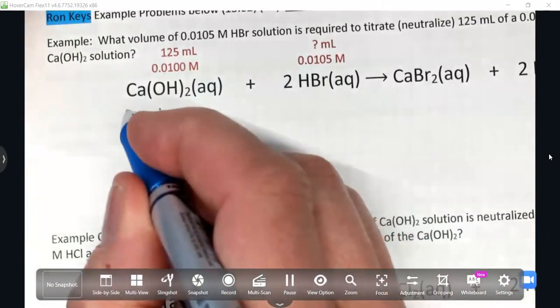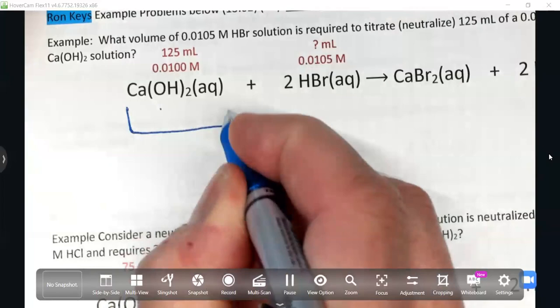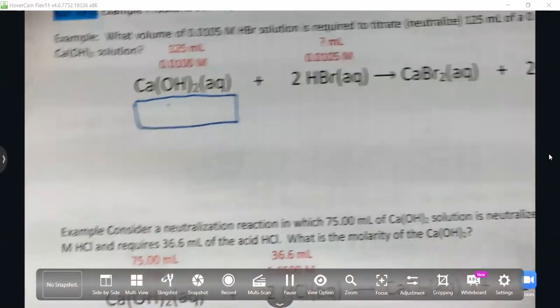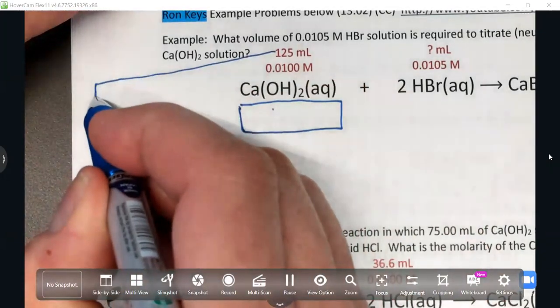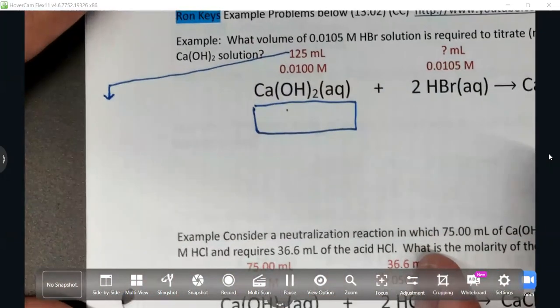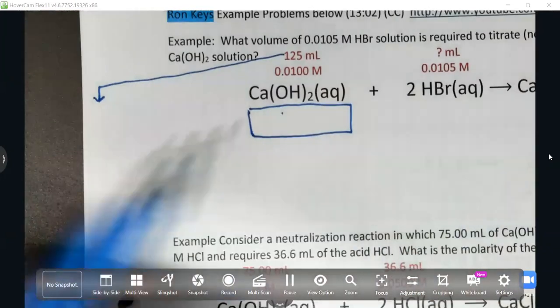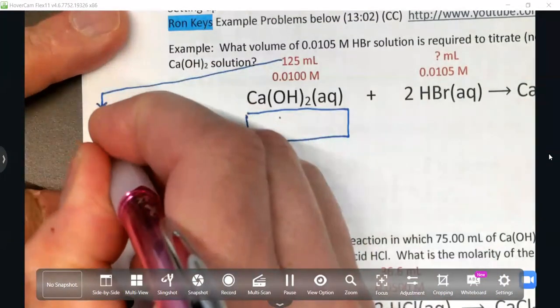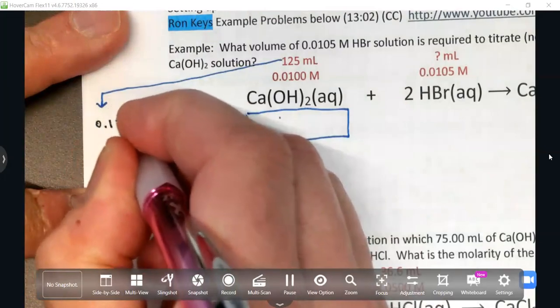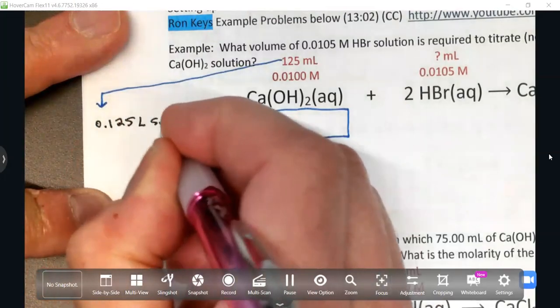So let's get moles right here. Our starting is, if we convert that into liters, 0.125 liters.